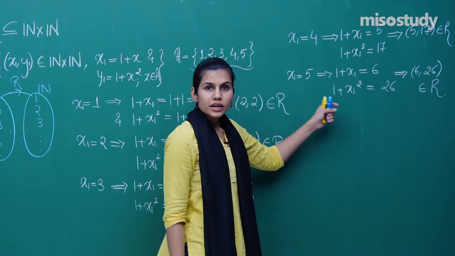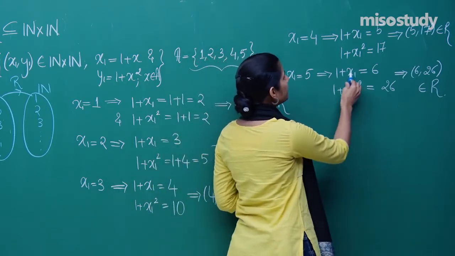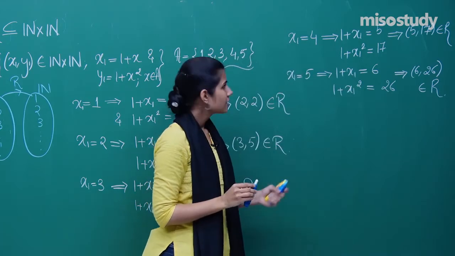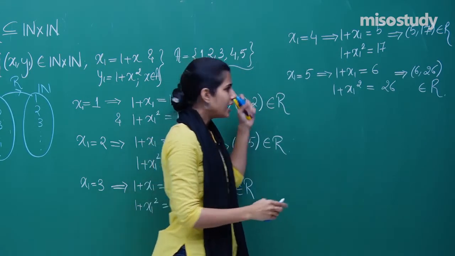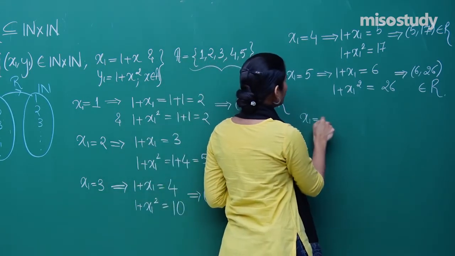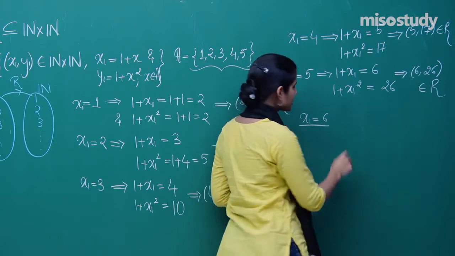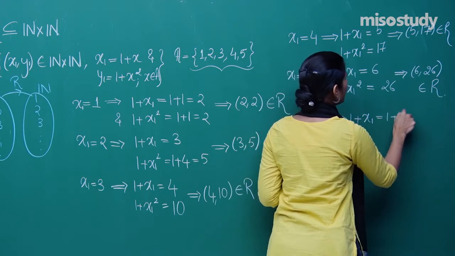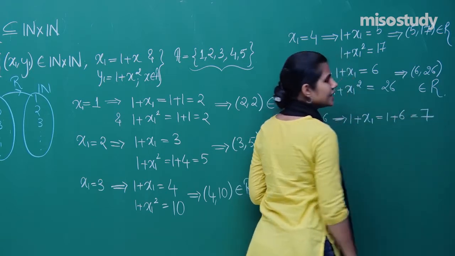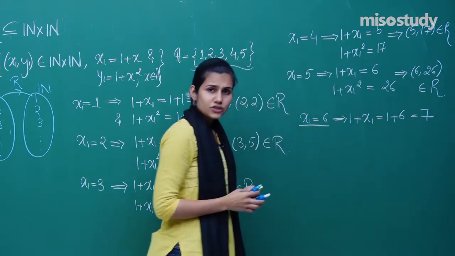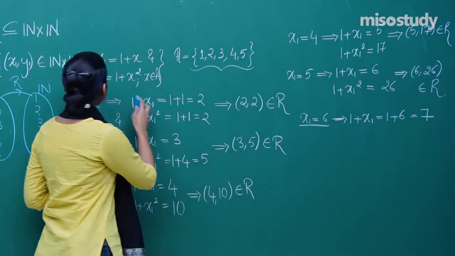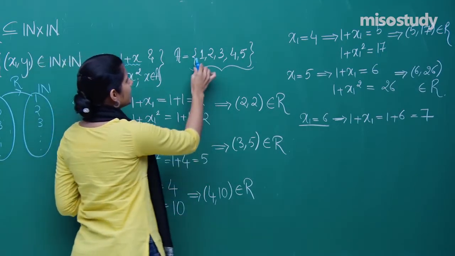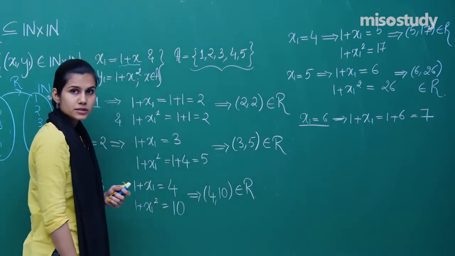Up till here, we have obtained 1 plus x for x equals 5. After that, if I move to x1 equals 6, I get 1 plus 6, which is 7. But the relation says the first component should look like 1 plus x, where x is coming from these 5 members.